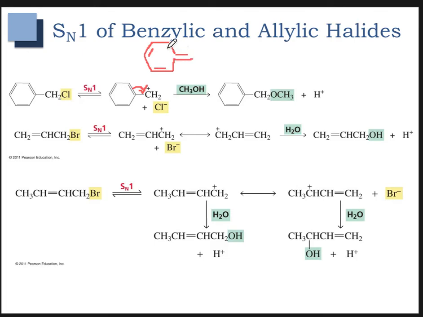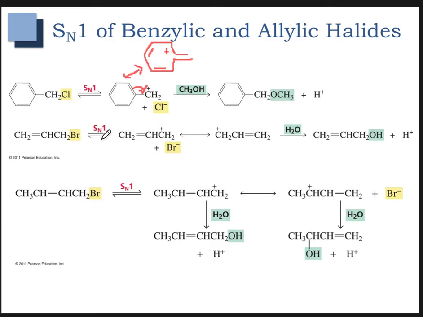But you can see that when we draw this resonance structure, we've pushed the positive charge into the benzene ring. And so this is giving us some stabilization of that primary carbocation. So even though a primary carbocation normally cannot undergo SN1, when it's resonance stabilized like this, it actually can.